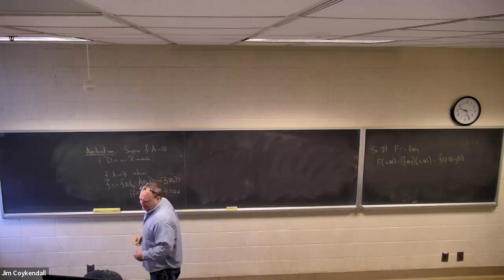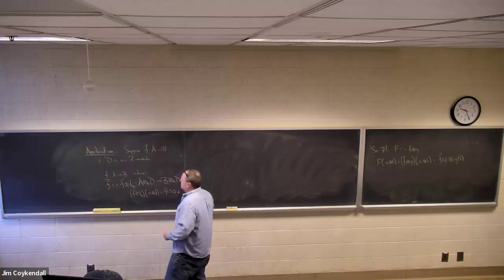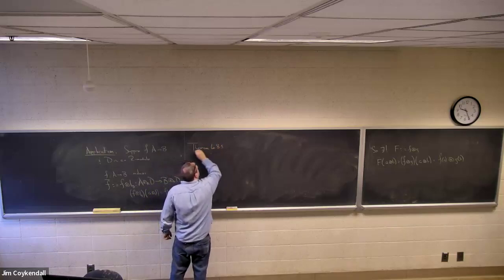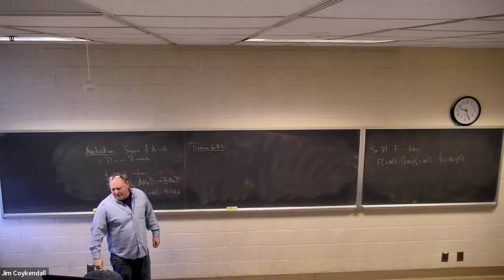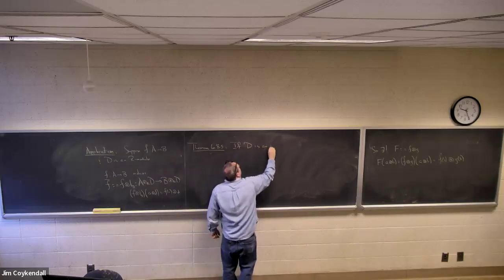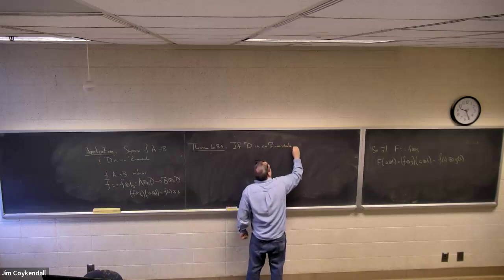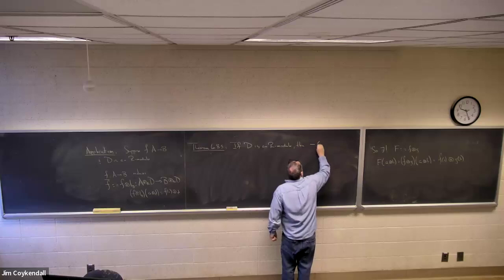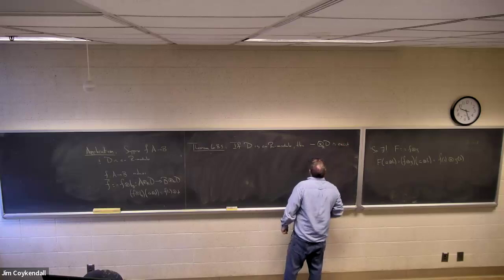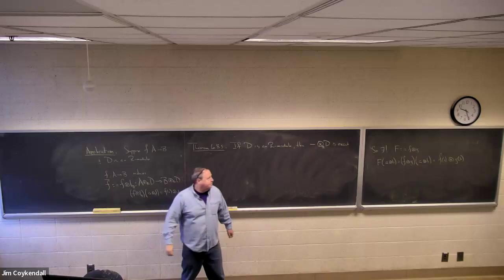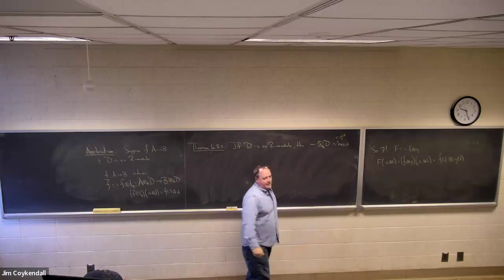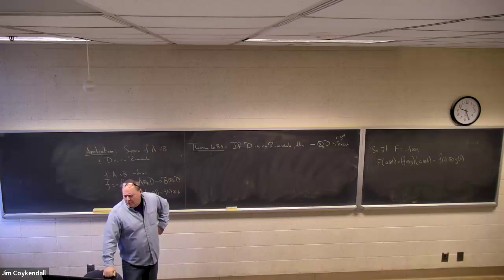So theorem 6.85. If D is an R-module, then Hom is left exact. Tensor is right exact.